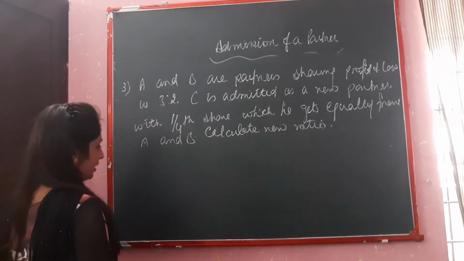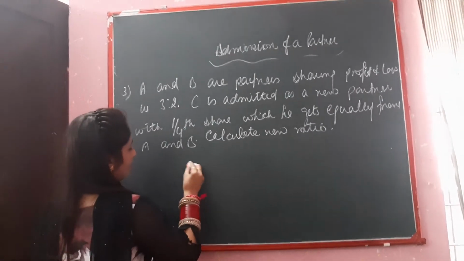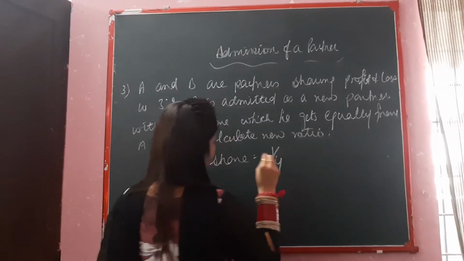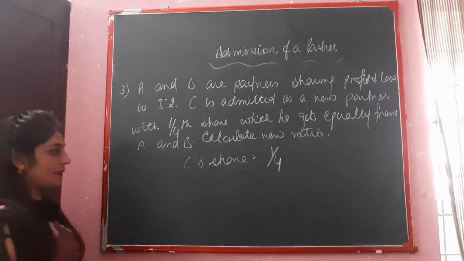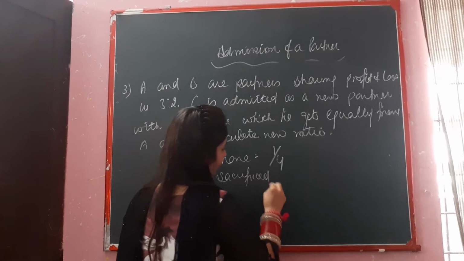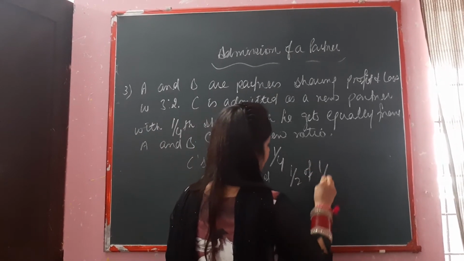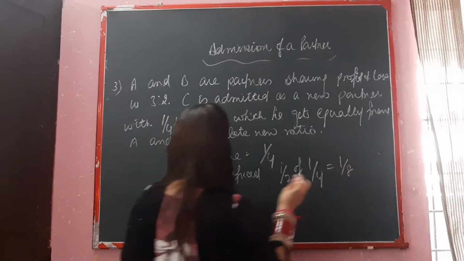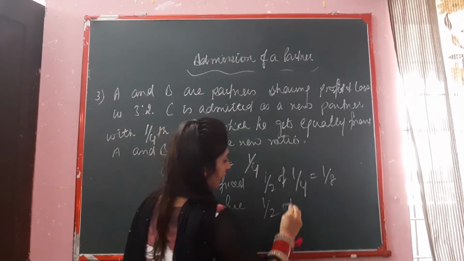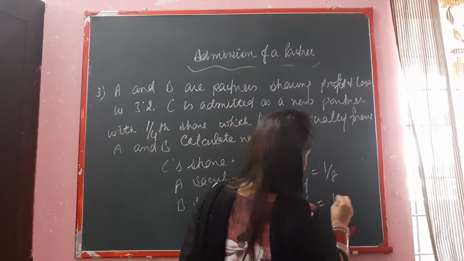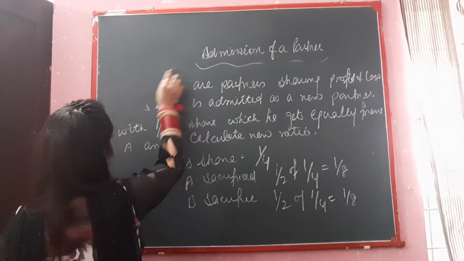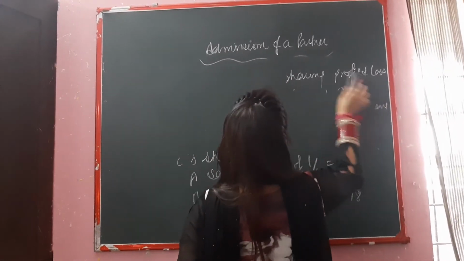Now how do you calculate the new ratio? Again it means C's share is 1/4, that is given in the question, which he gets equally from A and B. It means A sacrificed half of 1/4, that is 1/8. Again same, B sacrificed half of 1/4, that is 1/8, right? Which will be directly deducted from A and B's profit sharing ratio. So what was the old ratio?